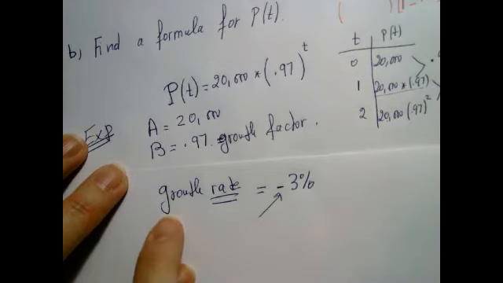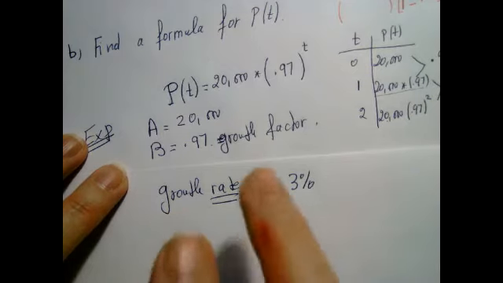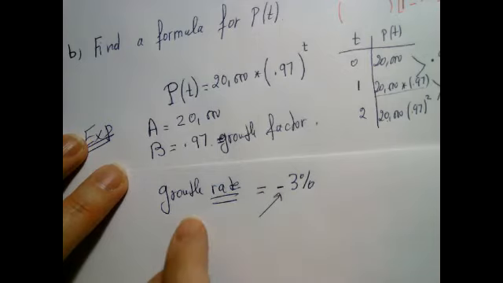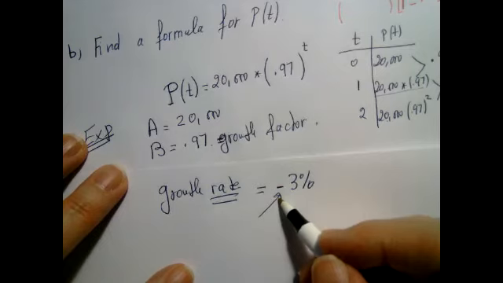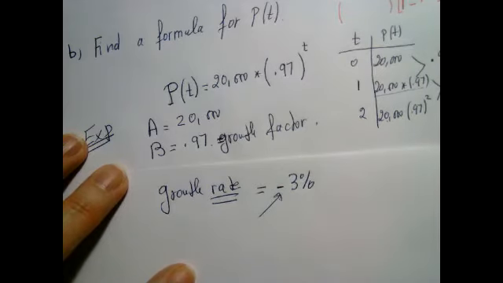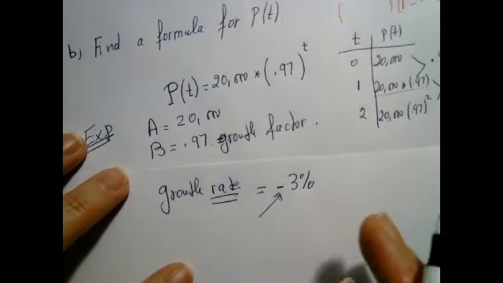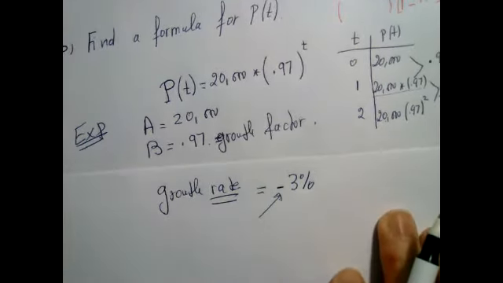So even if it's called a growth rate, it's actually a decay, but that's the language of the book that I have to stick to. But putting a minus here tells me that we are decreasing, we're not increasing. Does the formula have to be 0.97? No, the formula is 0.97, and that's crucial. Absolutely.